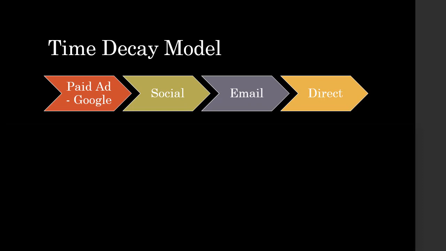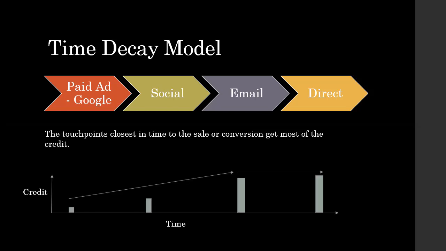In the time decay model, the touch points closest in time to the sale or conversion get most of the credit. So email and direct in our example, which occurred on the same day, will get equal credit and most of the credit, while social and paid Google ads will get smaller and smaller credit.